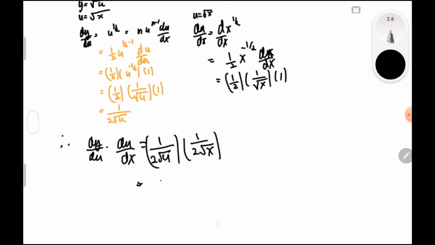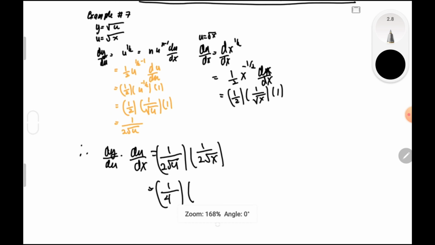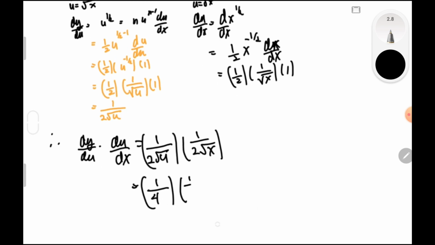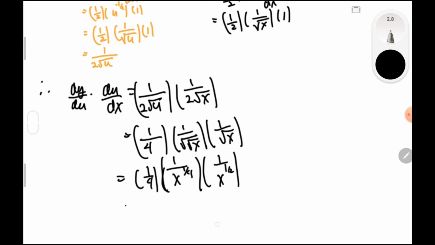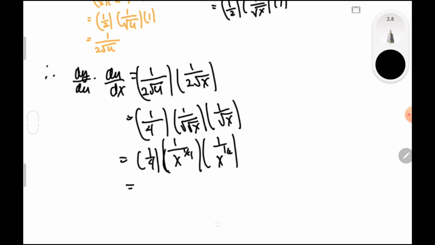By further manipulation of this equation, we'll have 1/4 multiplied by 1 over square root of u, where u is equal to square root of x, so 1 over x raised to 1/4, multiplied by 1 over square root of x, which is x raised to 1/2. Take note that we have 1/4 multiplied by 1 all over x raised to 1/4 multiplied by 1 all over x raised to 1/2, which means the exponent is 1/2 plus 1/4.